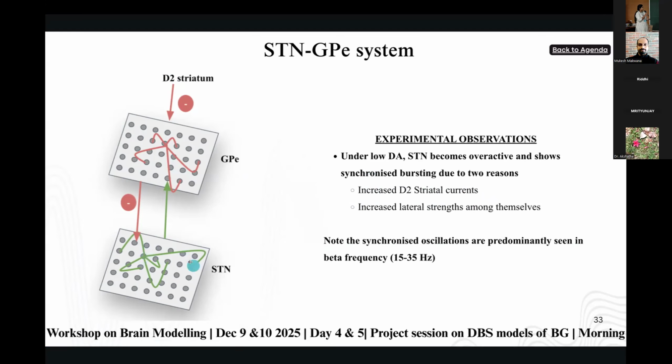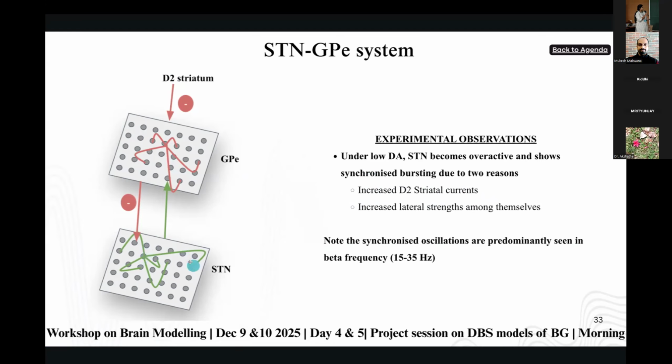And it connects with a certain weight, which I call lateral strength. So we'll be looking at these two parameters. One, what happens when I keep increasing the striatal currents? And the other, when I keep increasing the lateral strength, that is the lateral connectivity weight, that should also show the PD condition. Again, that means synchronized beta bursting around 15 to 35 hertz.